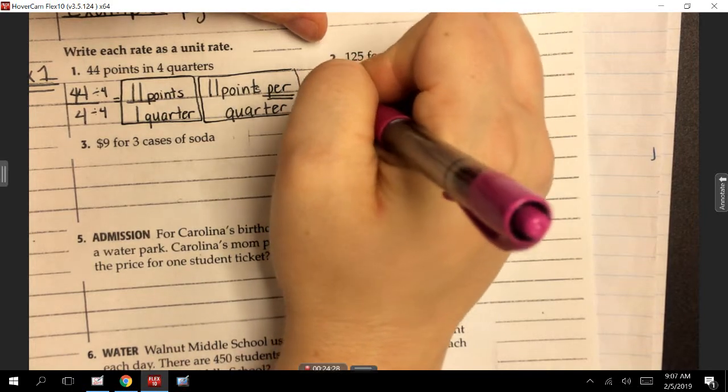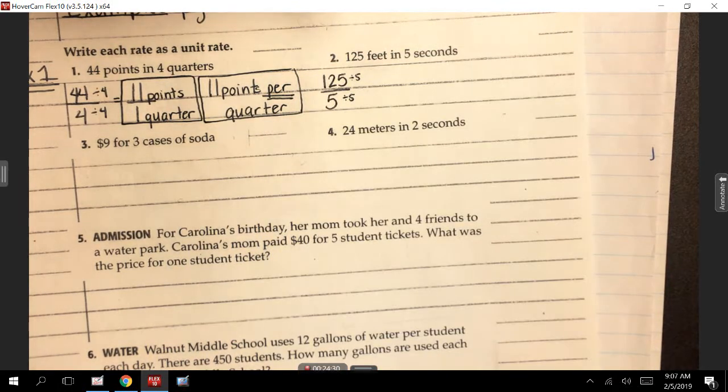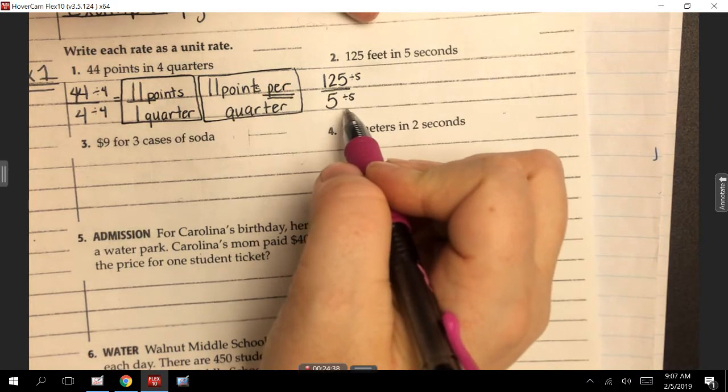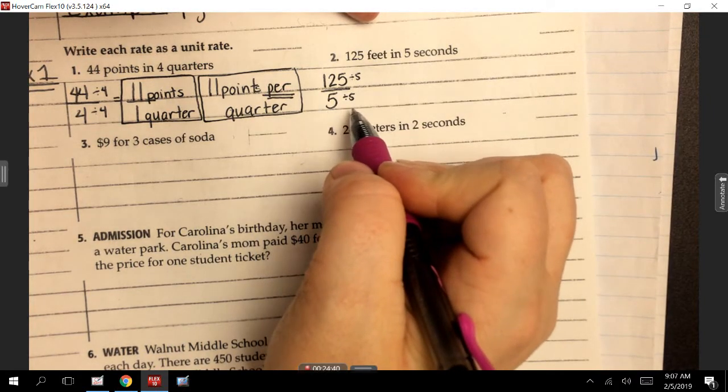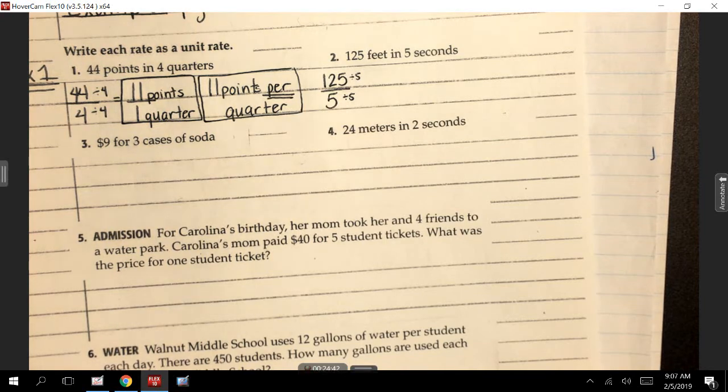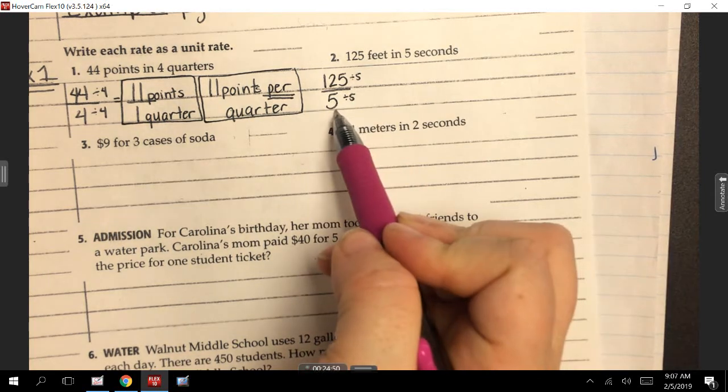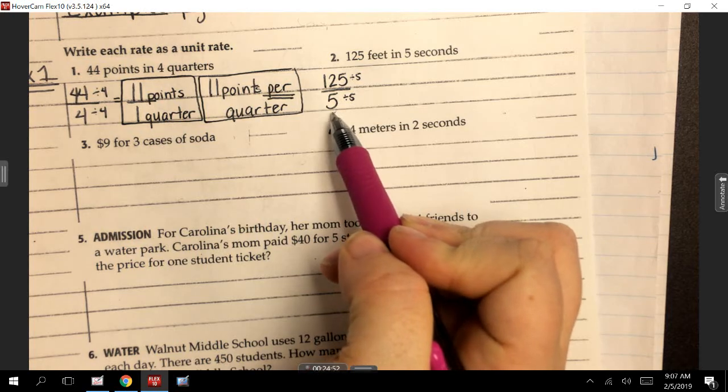Why am I dividing by 5 here? Mateo? To make the bottom number 1. 5 divided by 5 is 1. Guys, am I dividing by 5 because it'll go into both of them? No. In fact, guys, sometimes you're going to get some decimals on these, and that's okay, as long as you divide by whatever is on the bottom.